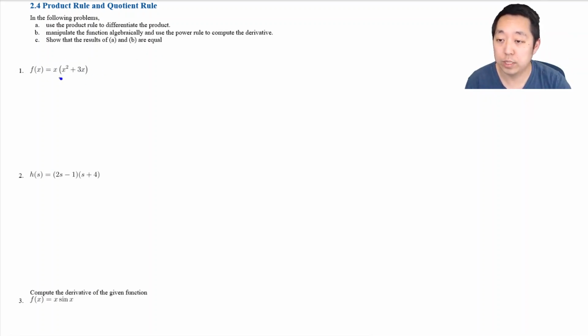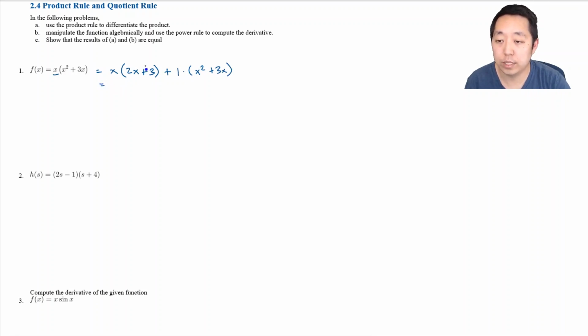So product rule would say I take the first times the derivative of the second. So I would say x times the derivative of this one, which is 2x plus 3, plus the derivative of x, which is 1, times this function unchanged. It doesn't really matter which order you do it in because you're adding.